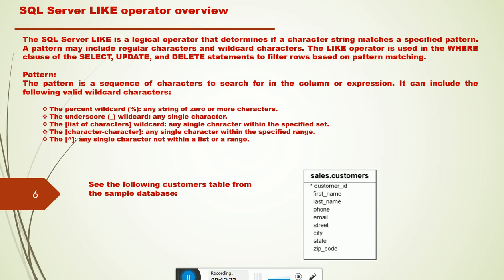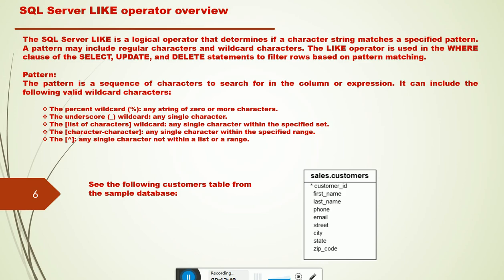A pattern may include regular characters and wildcard characters. The like operator is used in the where clause of the select, update and delete statements to filter the rows based on pattern matching.